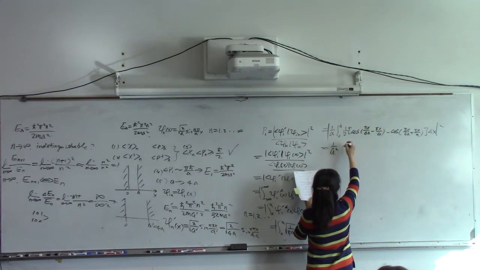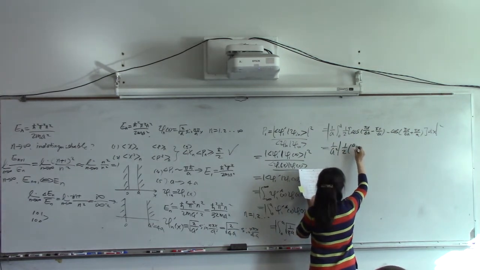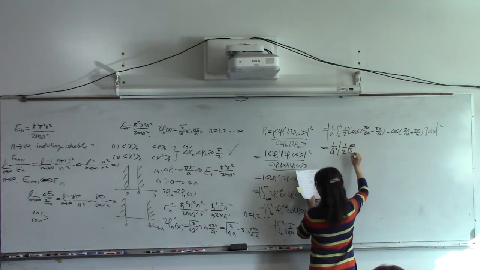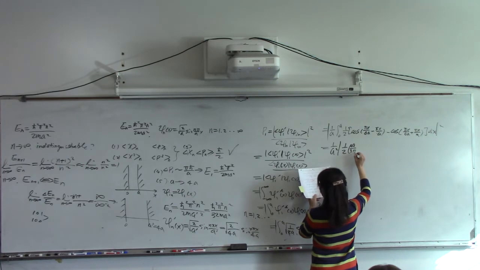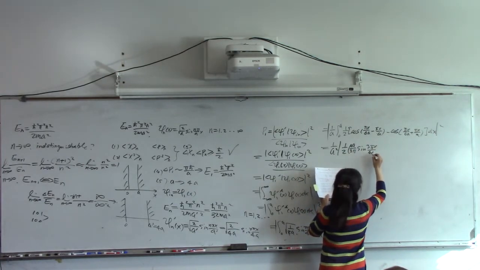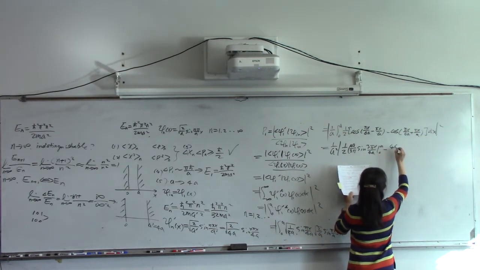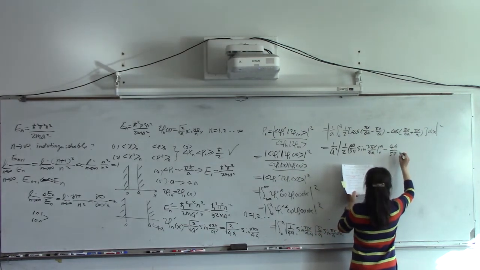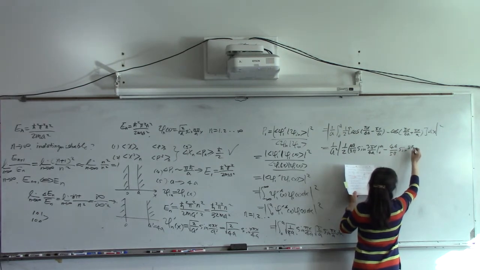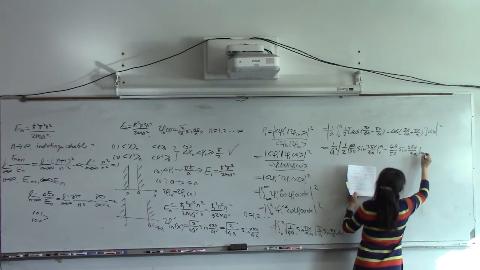Inside the factor 2, now the inside is half of 4a over 3 pi sine 3 pi x over 4a from 0 to a, minus 4a over 5 pi sine 5 pi x over 4a from 0 to a.